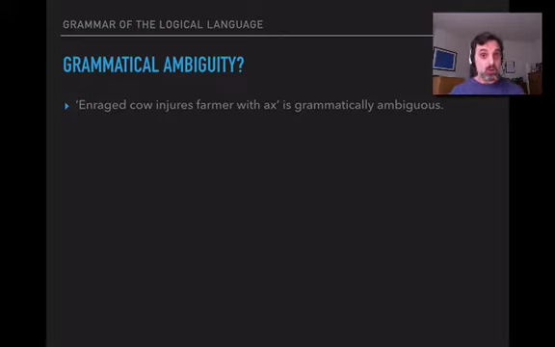Or is it the cow used the axe to injure the farmer? Well, there's a fairly obvious reading, which is that the cow wasn't using the axe, but the sentence is funny because it leaves open the possibility that actually, the cow was using an axe. Okay, so it's ambiguous because what does "with axe" modify? Does it modify "enraged cow" or does it modify "farmer"? The sentence can be read either way.